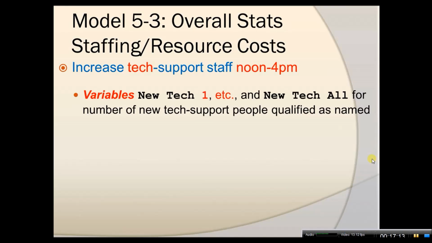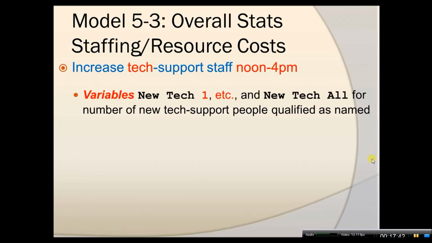But because the tech support staff is different, we need to have different variables, because they're different products. So we can hire people for a specific product, or we can hire people that can do all 3 products, 1, 2, and 3. And so we're going to introduce variables new tech 1, new tech 2, and new tech 3, and also a variable new tech all.